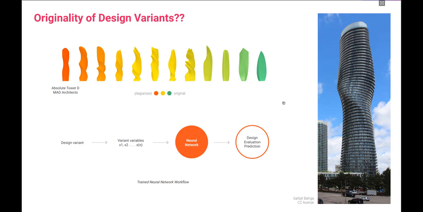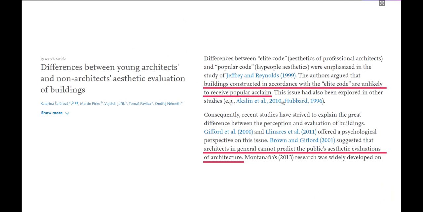One of the exercises that we did in our practice was to use AI to quantify the difference between architects and non-architects' perspective of originality in design. And why did we do that?